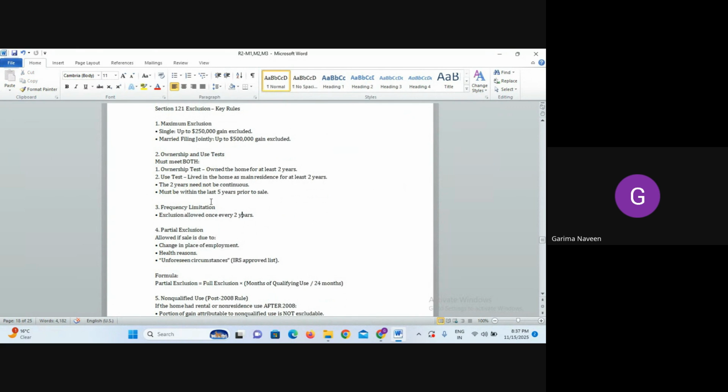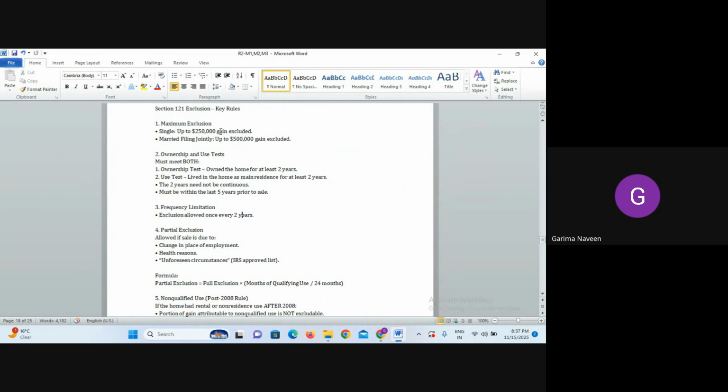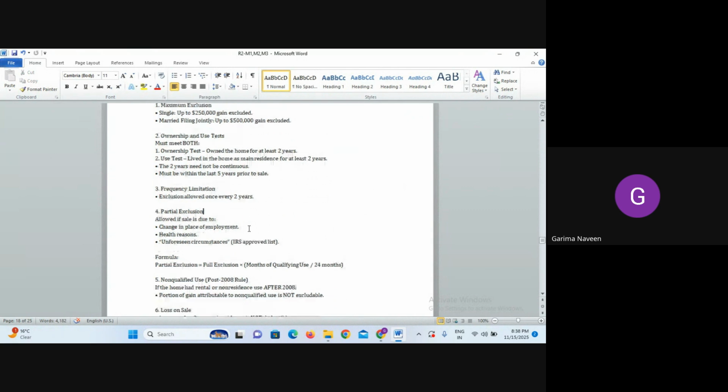But this exemption is allowed only once in 2 years. So if you have taken this exemption, you have to wait 2 years to get another exemption.